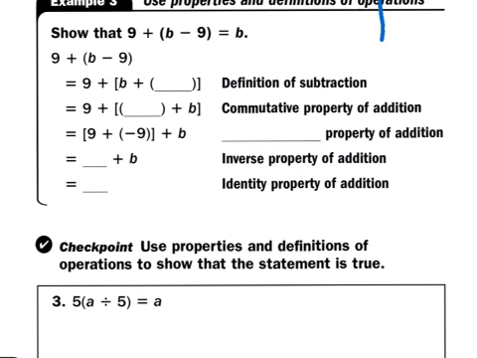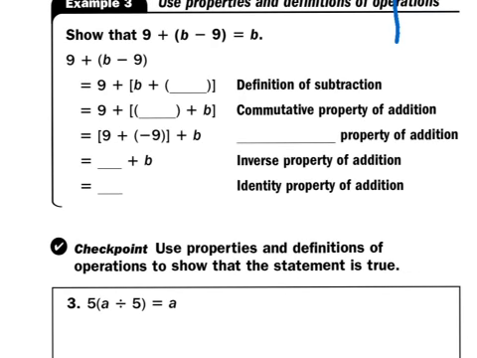Okay, for example 3, show that 9 plus parentheses b minus 9 parentheses equals b. Well, I could change this minus sign to a plus a negative. I haven't changed the value of that negative 9 any. Now I can flip it around to the front and put it here. And that's the commutative property.